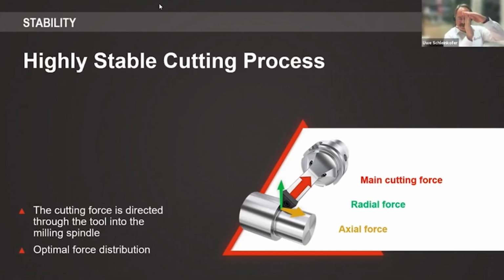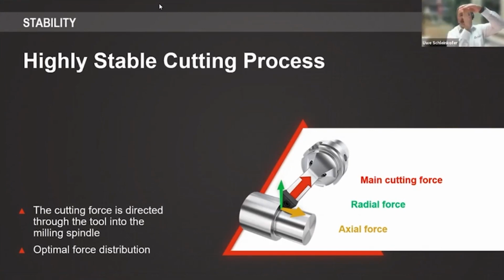So the pressure is going directly in the tool axis, in the spindle. And this gives you much more stability because it's rigid, it's pressed inside the process. And this is much better compared to this cantilever approach which a normal turning tool is experiencing, because it's always this movement.